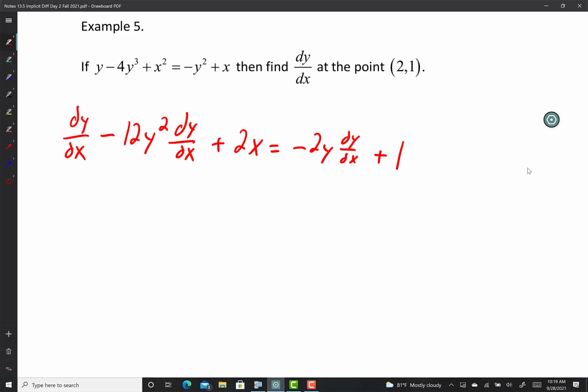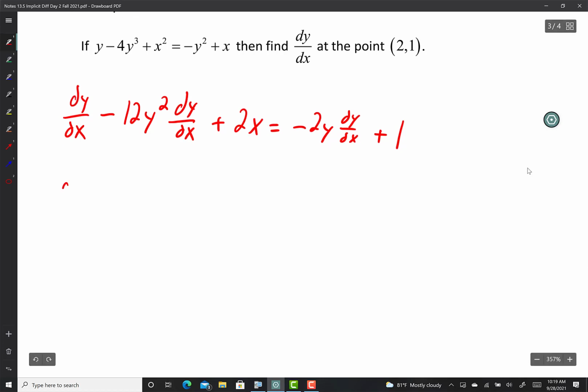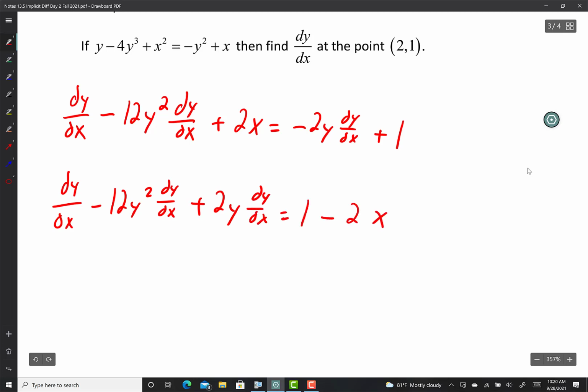Well, this one looks easy enough. Let's solve for dy/dx. So move all the dy/dx's to the left. Everything that is not a dy/dx, move it to the right. dy/dx minus 12y squared dy/dx plus 2y dy/dx equals 1 minus 2x.